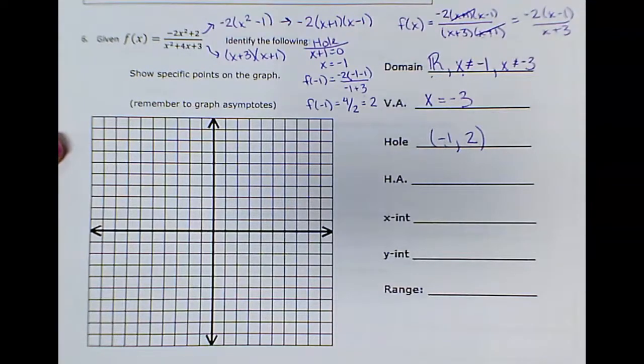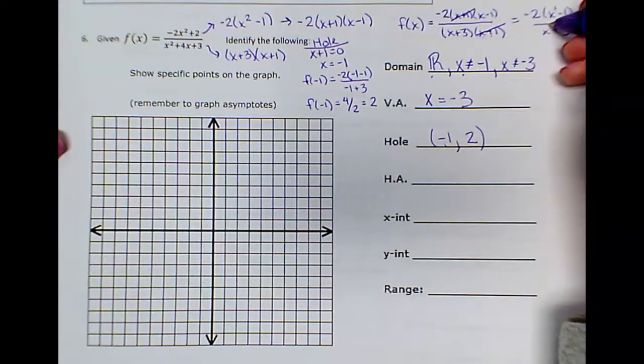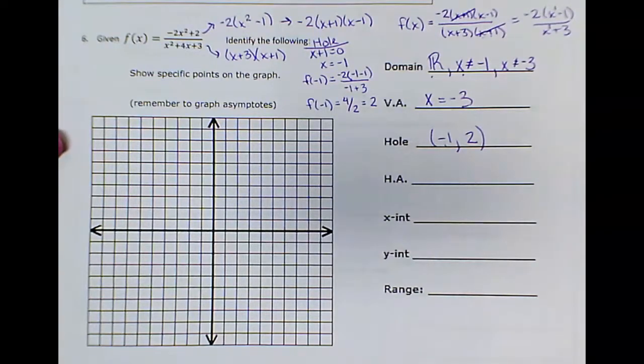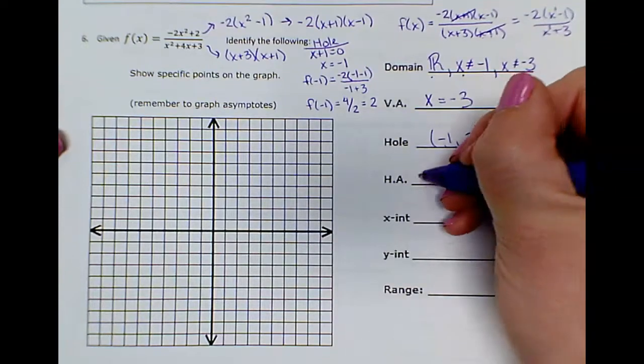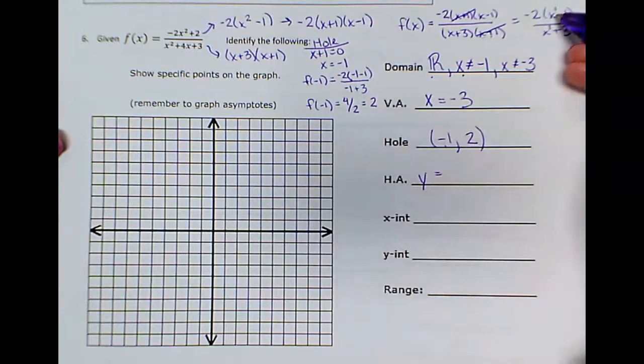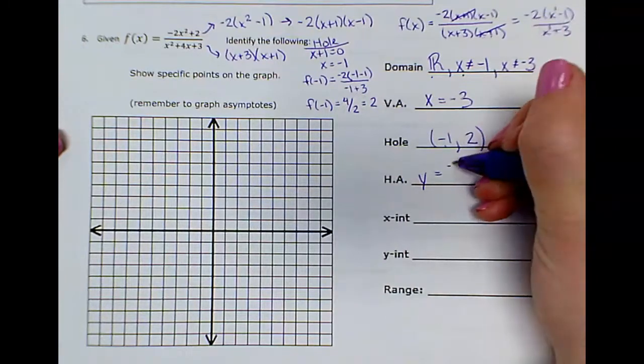The horizontal asymptote occurs when you compare the degrees of the numerator and the denominator. So when I compare the degrees, I notice that this degree is 1 and this degree is 1. They have the same degree, which means you want to use the coefficients and create the ratio of the coefficients. So the coefficient of x is -2.